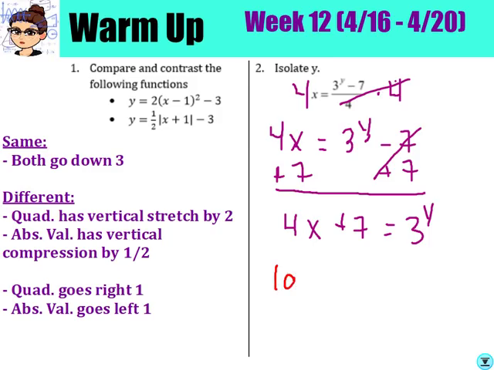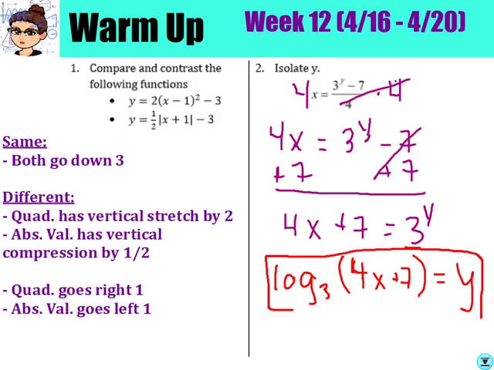So log, our base is 3, of, and I'm going to use parentheses, our whole argument 4x plus 7 is equal to y, which would be the power. And that is our final solution.